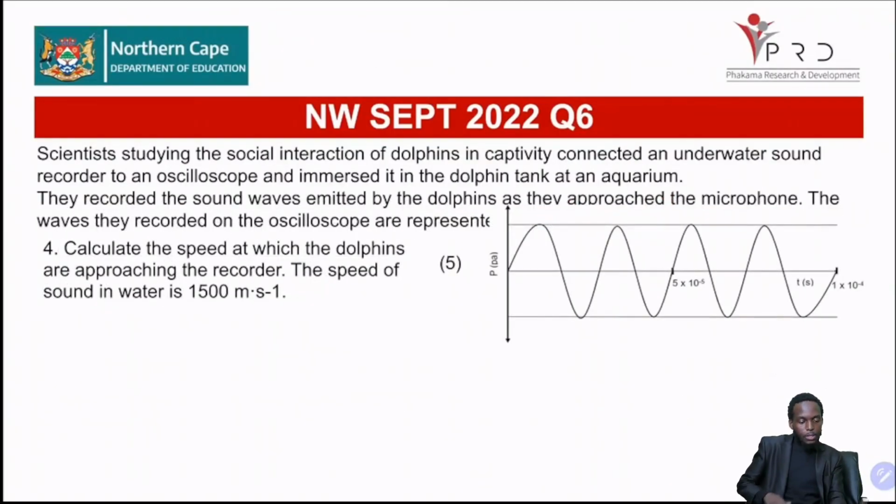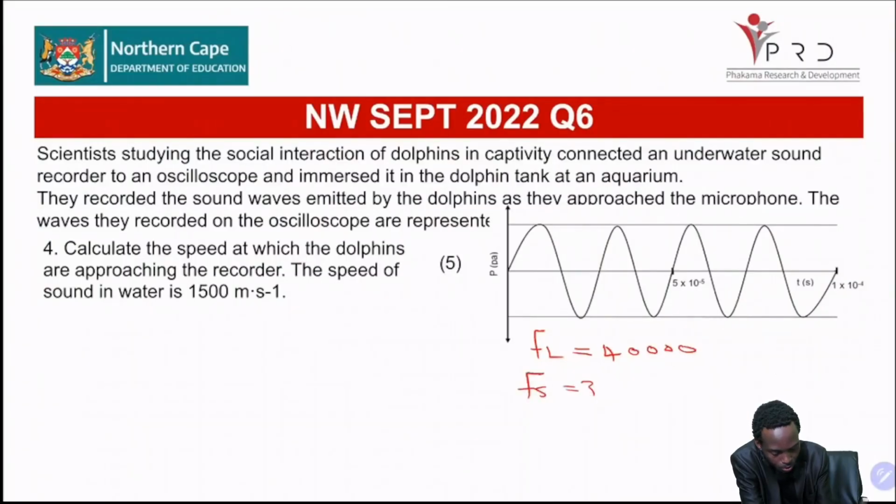So next question says, calculate the speed at which the dolphins are approaching the recorder. The speed of sound in water is 1,500 meters per second. So we have the frequency, which is 40,000. We also have the frequency of the source, which is 38,000, right?